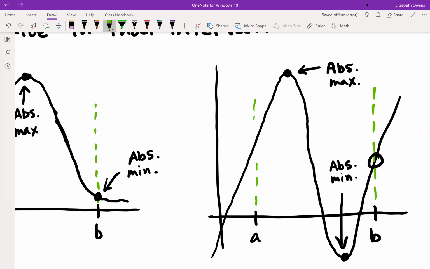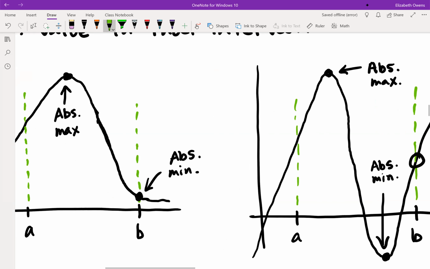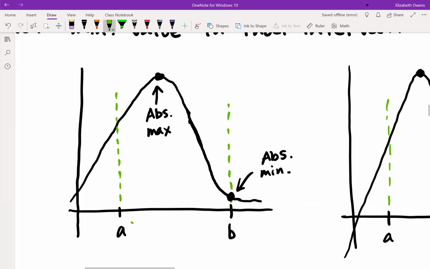So I think that was what the question in the chat was looking at here on the middle graph at A. They were asking whether this endpoint here would be a local maximum, it looks like. It would not be a local maximum or minimum there.